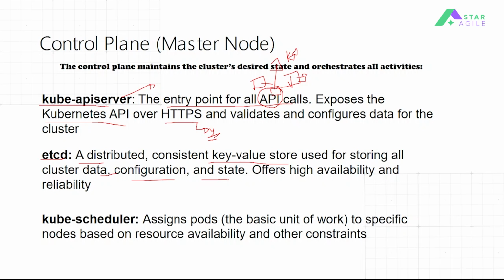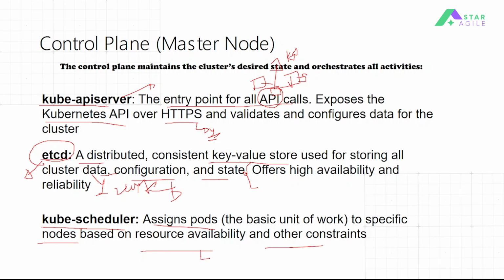Right, that is what I discussed in the other option, and it offers high availability and reliability, that means 24/7, or as long as Kubernetes is running, this etcd will be present in the backend running. And like I discussed, Kube scheduler assigns the pod to a specific node based on resource availability and constraints.